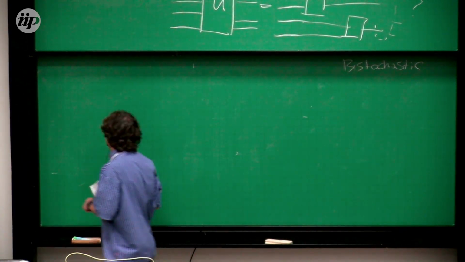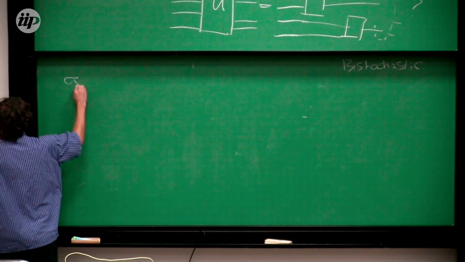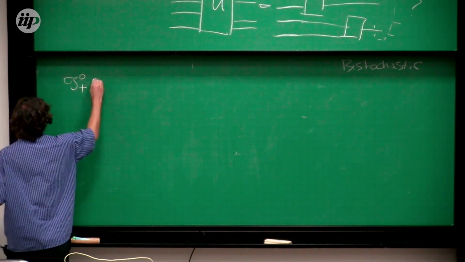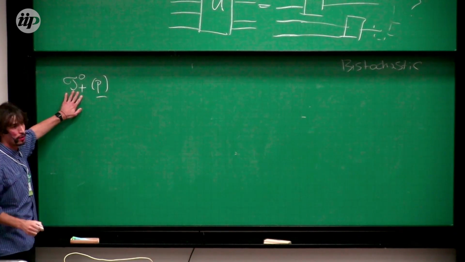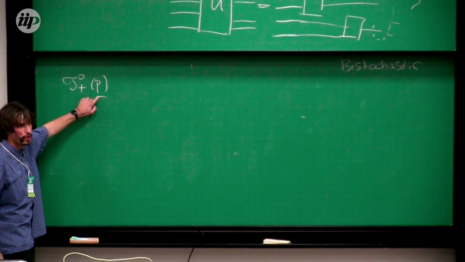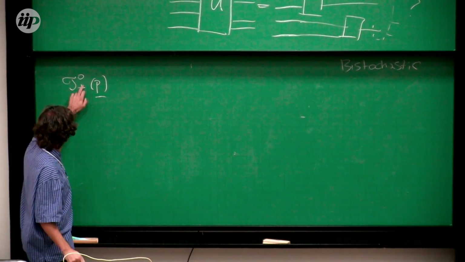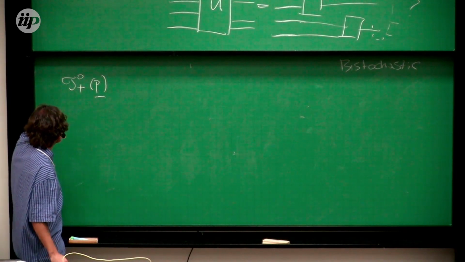My question was how to characterize the future thermal cone of P. What is the set of states that we can achieve if we start in P when the temperature is infinity?